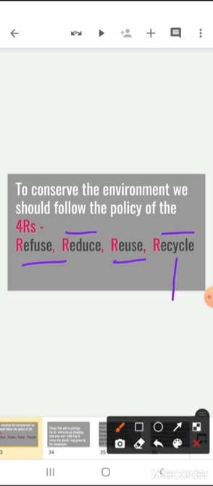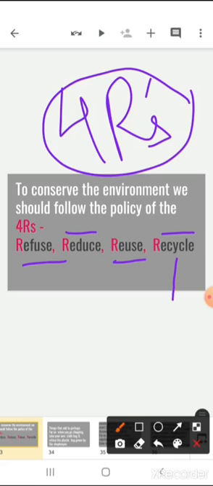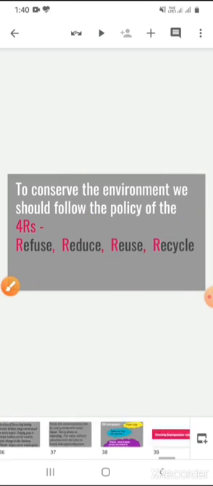Plastic, metal and glass pieces are melted in a factory, and from there new things are made. So all the 4 R's are clear: refuse, reduce, reuse and recycle.